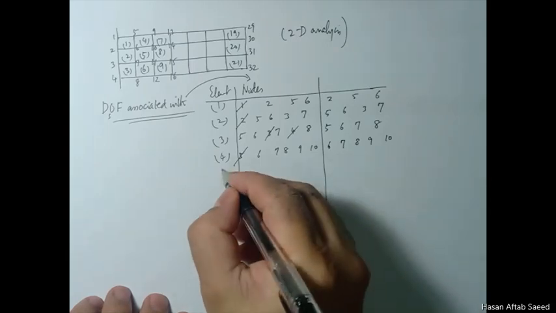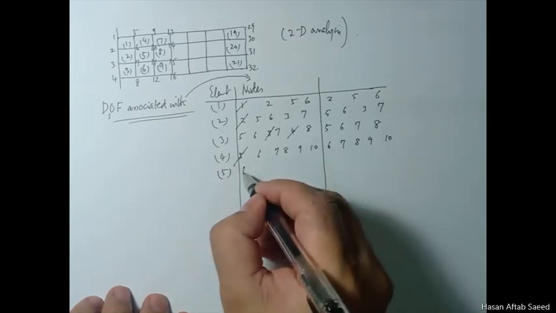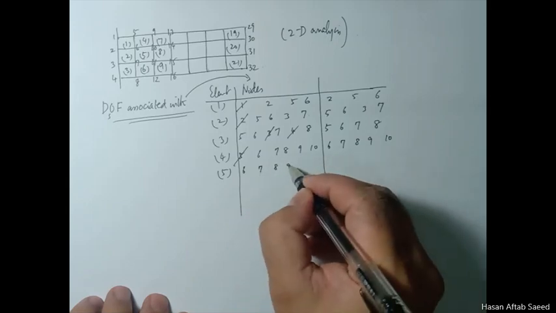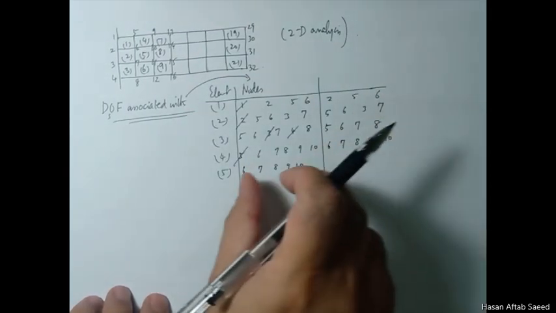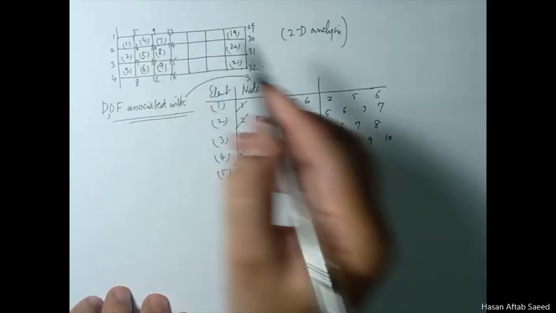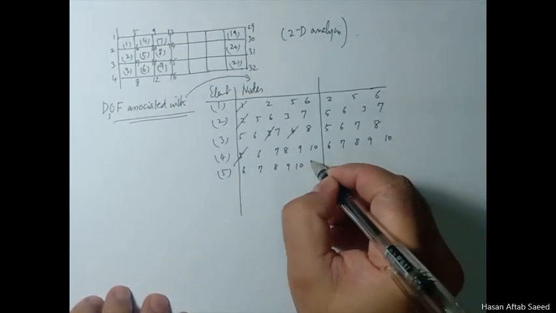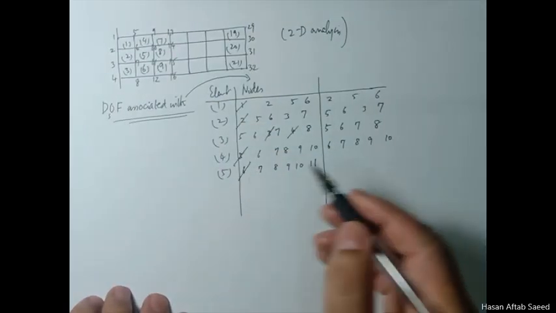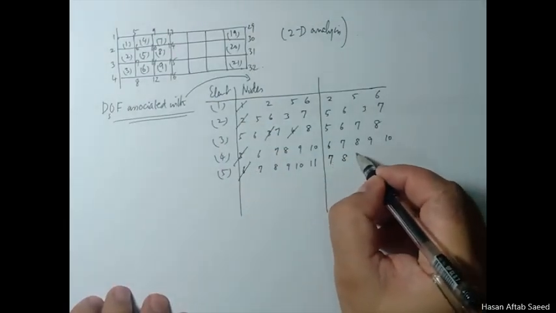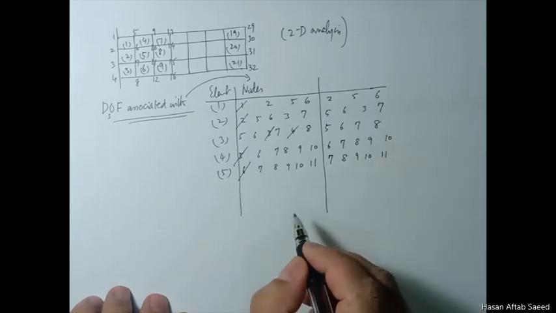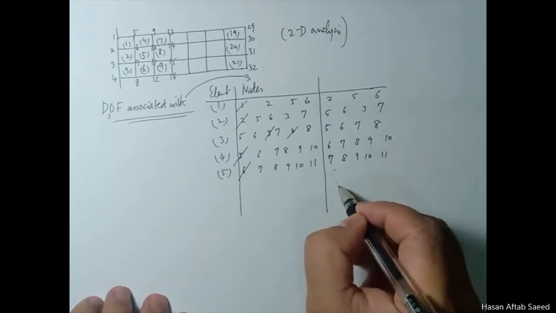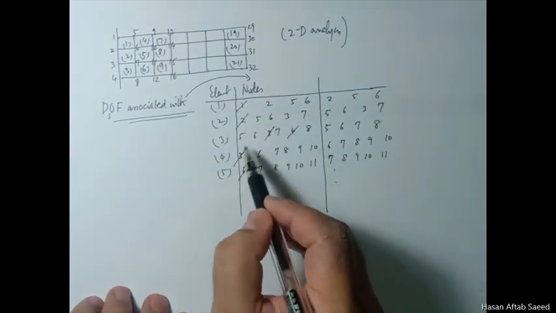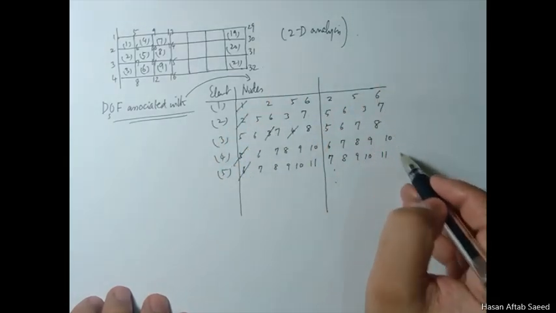You move on to element number 5. 6, 7, 8, 9, 10 are already there, and for element 5 you have 11 added. At this point 6 becomes irrelevant. So 7, 8, 9, 10, 11 and so on. New numbers are coming, old ones are vanishing. So this is under control.